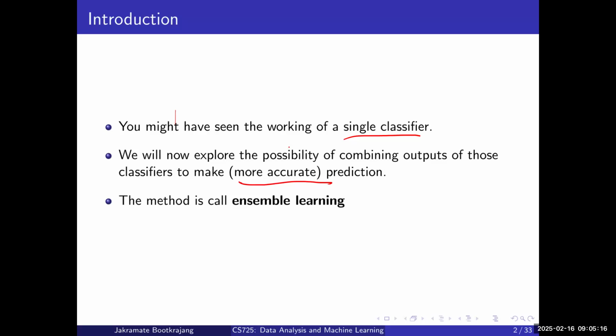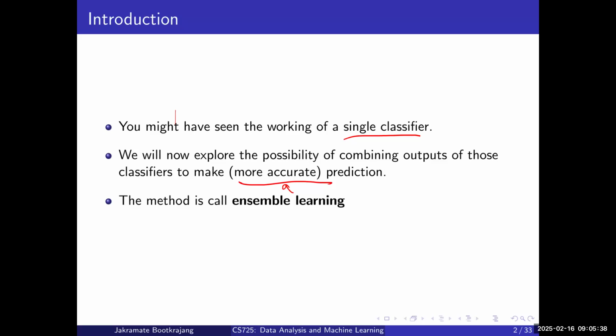I put more accurate in parentheses, and the reason is that it is not always the case. There are some conditions that you have to meet in order to achieve a higher accuracy than just a single classifier.